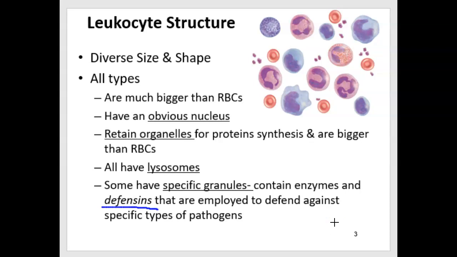So the defensins vary from cell type to cell type. Like an eosinophil has certain enzymes and a neutrophil has different enzymes. And so those cells are able to fight off pathogens of various types, and we're going to talk about that as we proceed.